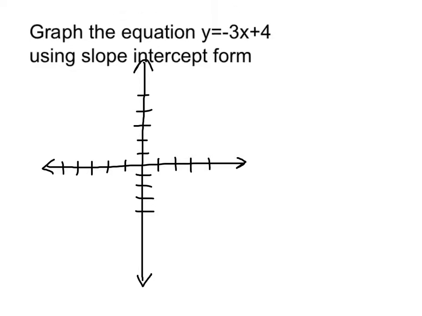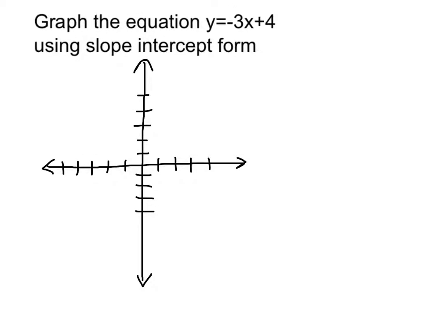So we need to identify in this equation that the slope is -3 and the intercept is positive 4. So I'm going to plot the point on my intercept. 1, 2, 3, 4. Here's my point. And then I'm going to use my slope to count down.